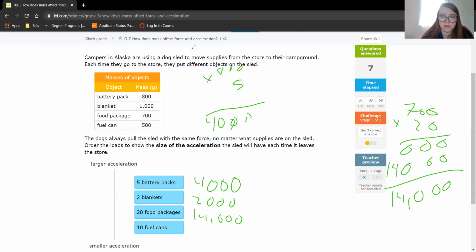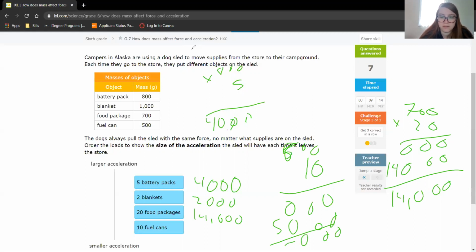And 10 fuel cans times 500. That is a 5, I promise. That's 5,000.